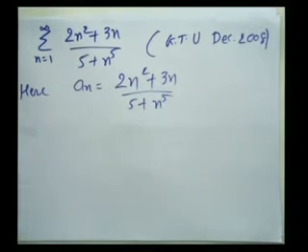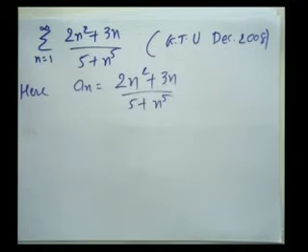To use the limit comparison test, we need to be clear before we start the example what we are going to do. Here an is given and we need to find bn, using which we can find the limit as n tends to infinity of an upon bn, and which must be finite and non-zero.